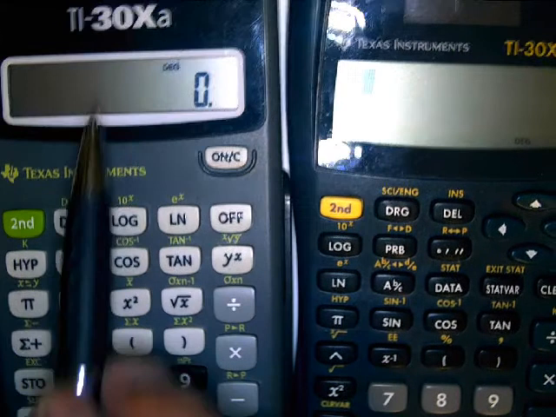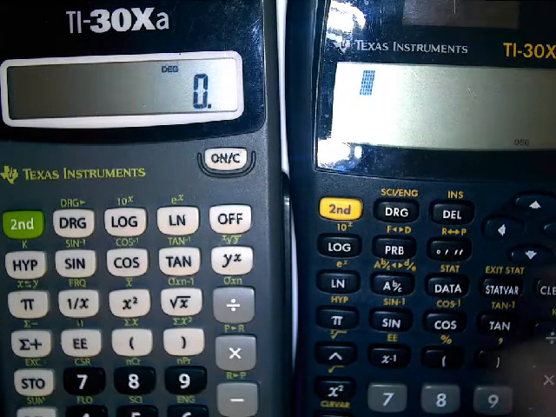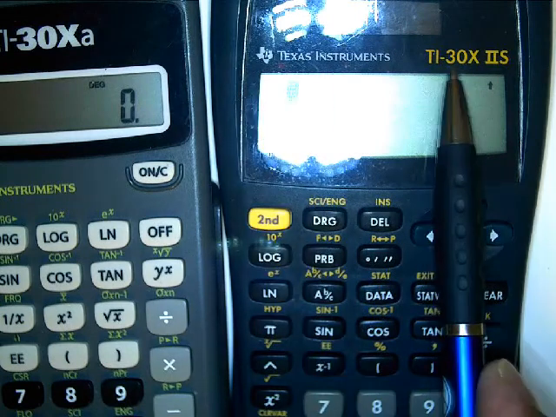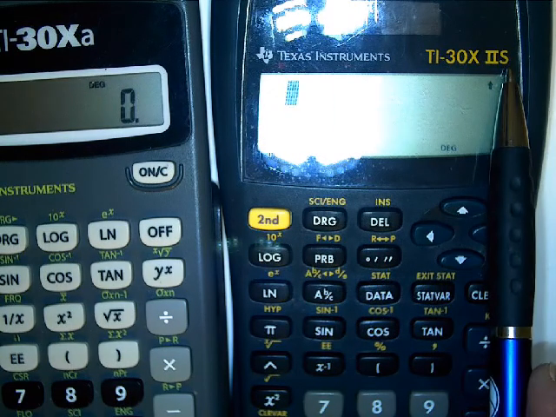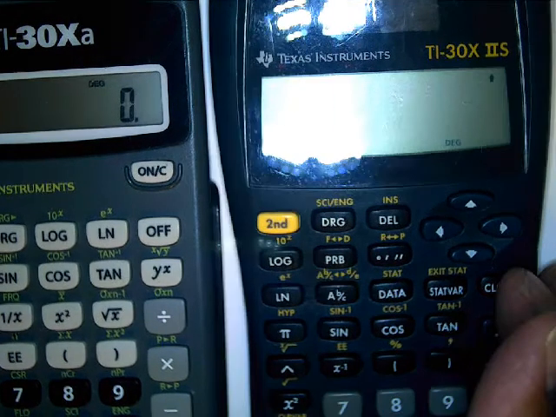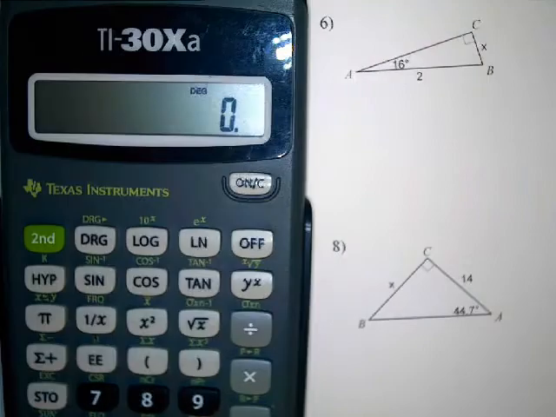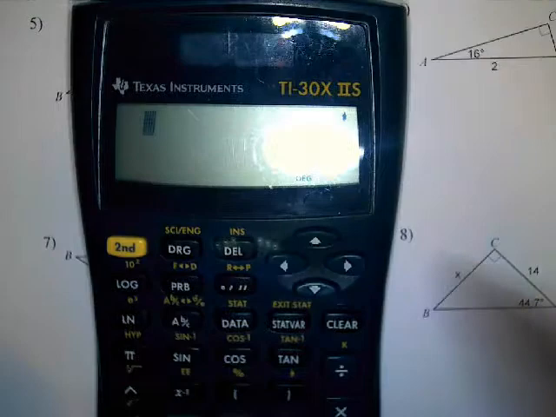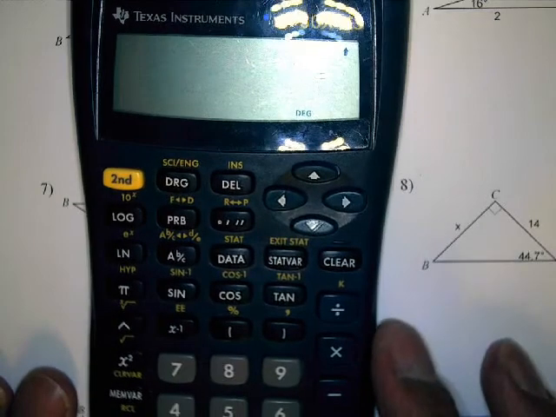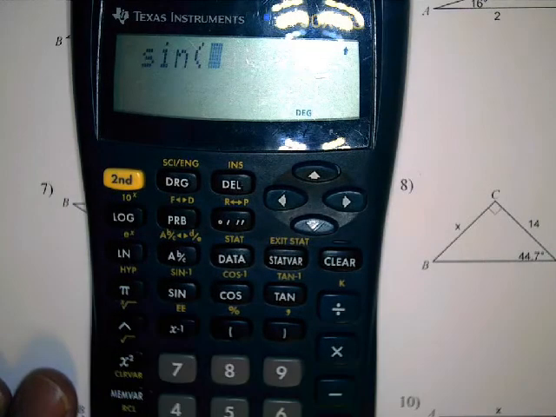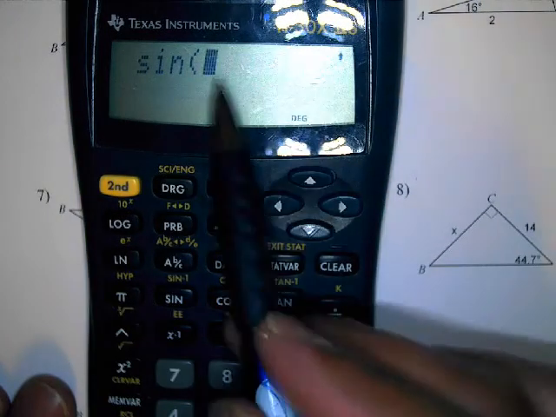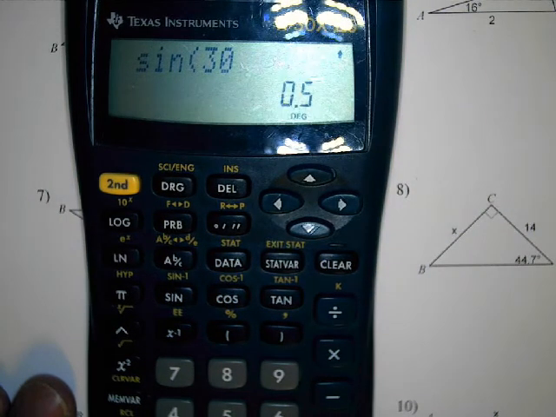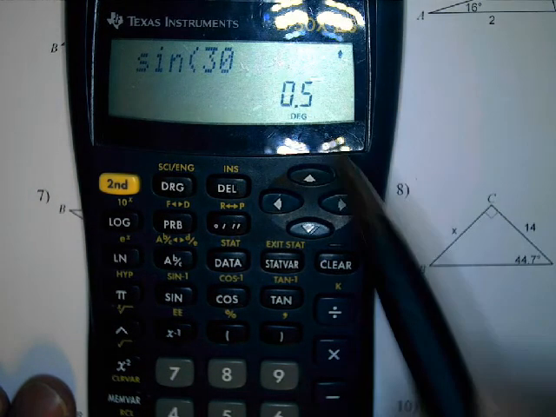Okay, so again, look, both of these are from the same company. This is Texas Instruments TI-30XA, and this is also Texas Instruments TI-30X2S. Doesn't matter, the brand doesn't matter, but what I'm trying to tell you is usually you should be able to hit just sine, and then you hit 30 and you hit enter.